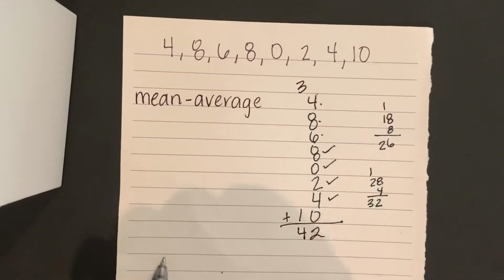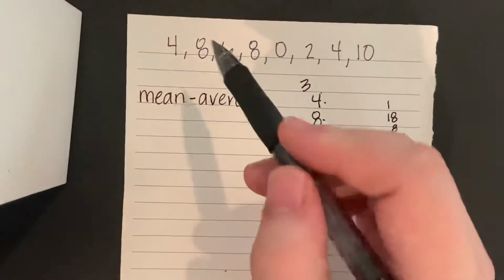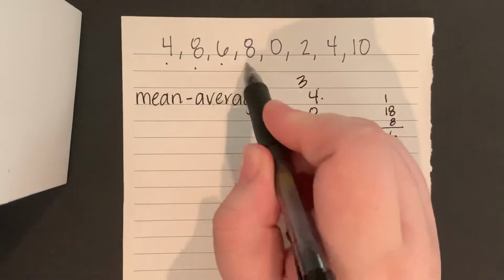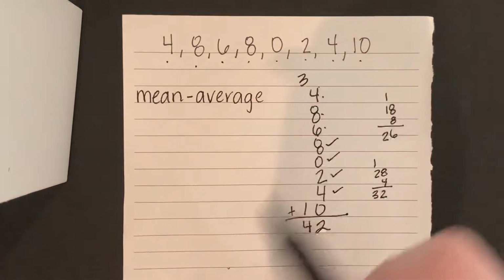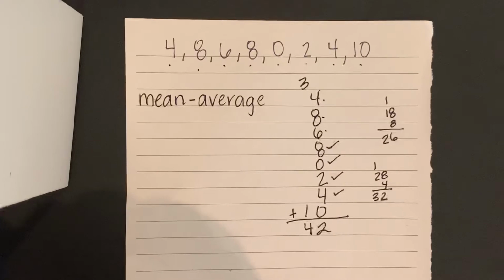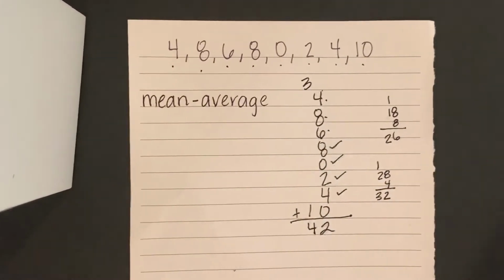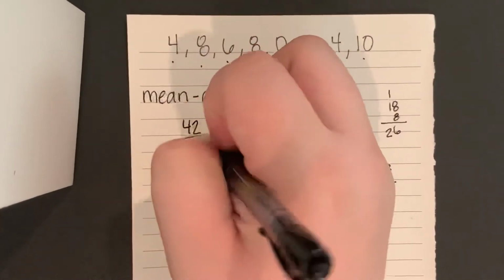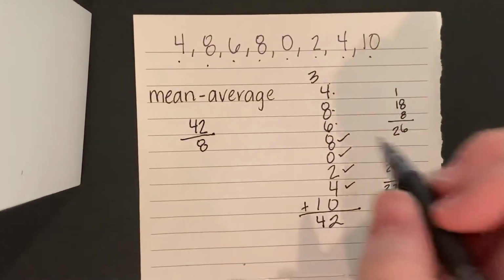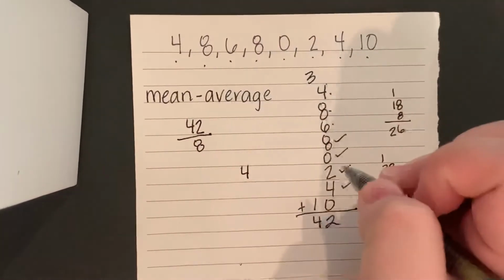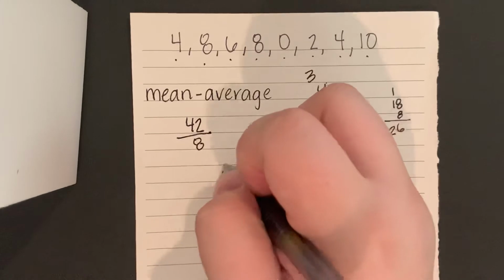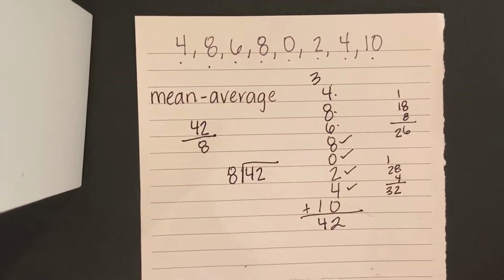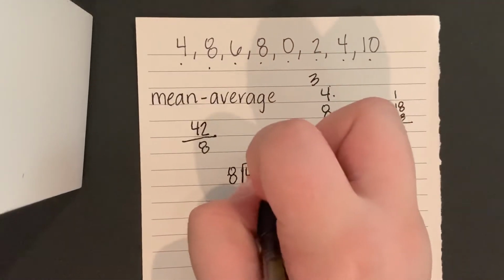And then I'm going to go back and I'm going to count how many numbers I added together there. 1, 2, 3, 4, 5, 6, 7, and 8. So I've got 8 numbers here. So when I take 42 and I divide it by 8, let's see what we get. I know 8 times 5 is 40.